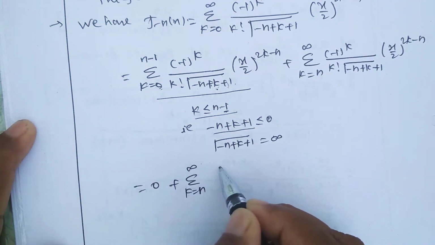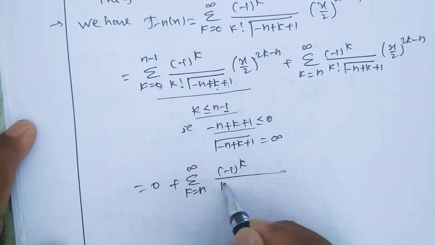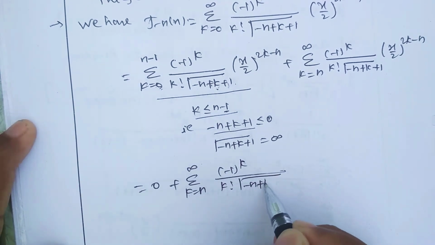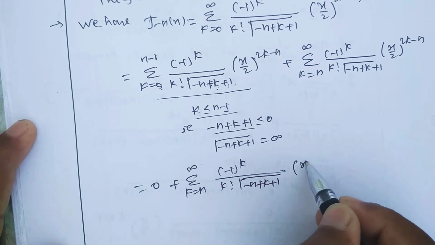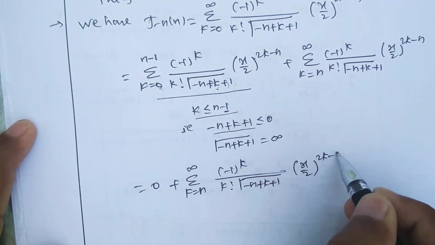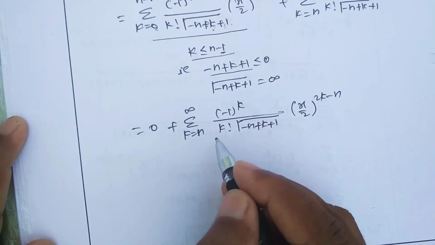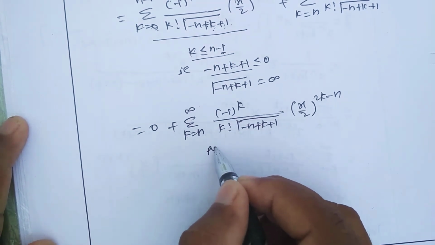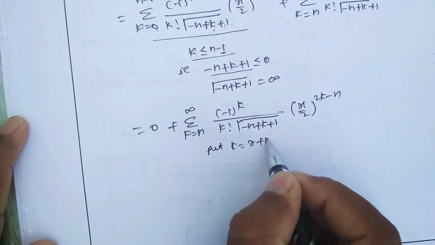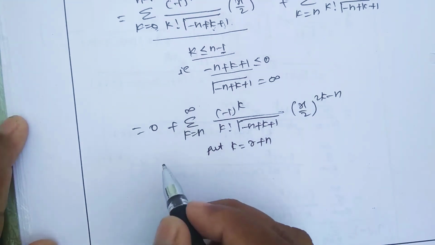summation k varies from n to infinity, minus 1 raised to k upon k factorial gamma of minus n plus k plus 1 into x by 2 raised to 2k minus n. Now we are going to put the replacement, that is, put k equal to r plus n here. See what happens.